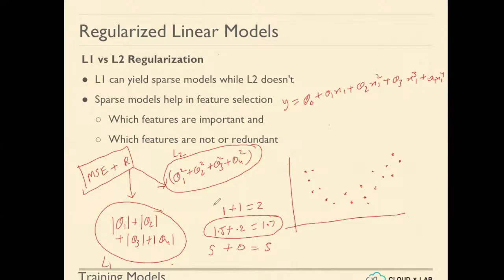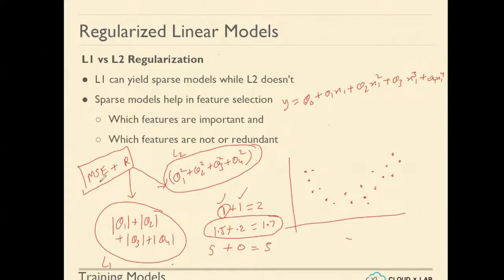For example, in this case we are only getting one error, right? But then the regularization term, the second term, will increase, because if you want to fit each and every data point, then we should use a very high degree polynomial, which means we will have several theta values. So this absolute sum or this squared sum will increase, which means the second term will increase, right?